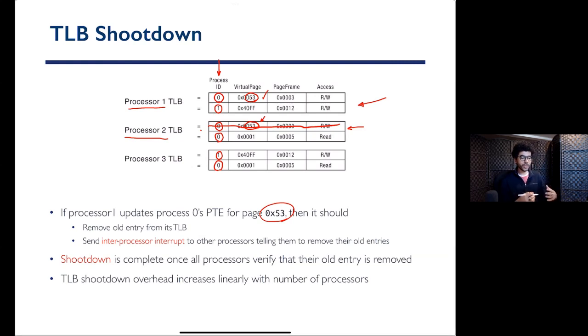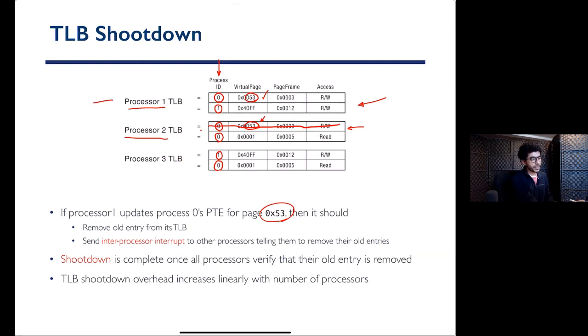So although this entry was not updated on this particular processor, because this processor got a message from another processor that this page table entry has been updated, it can shoot down that page table entry from its TLB. So this is the shoot down process.